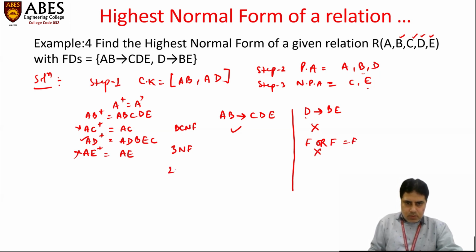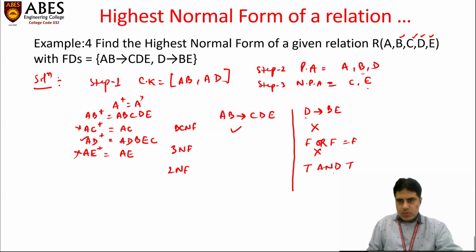Now check for 2NF. 2NF says the left-hand side should be a proper subset of the candidate key. Is D a proper subset of the candidate key? Yes, AD is our candidate key. So D is a proper subset of the candidate key. This is true. And the right-hand side should be a non-prime attribute. B is prime and E is non-prime. Prime and non-prime together count as non-prime. This is true.